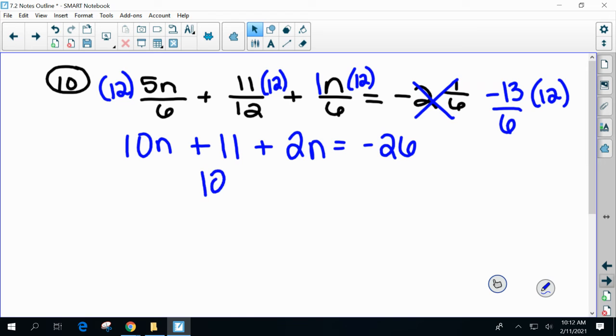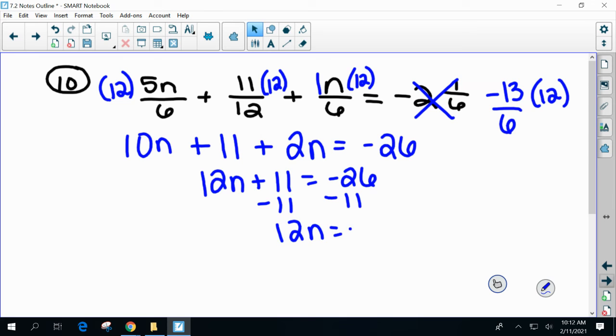So 12n plus 11 equals negative 26. And then we would subtract 11. So 12n equals negative 37. And divide by 12. So n equals negative 3.08.